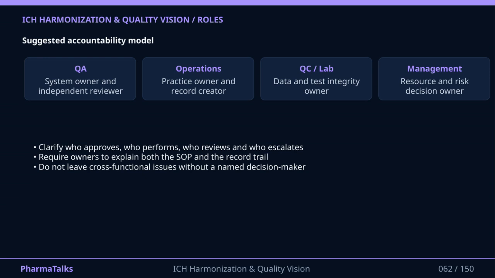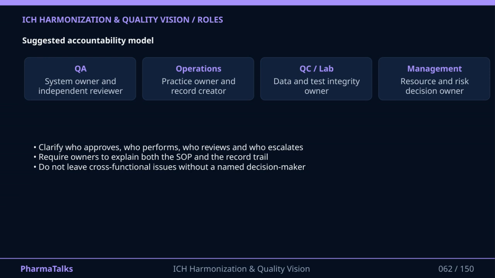Operations teams are considered the practice owners and are responsible for creating records, meaning they handle the day-to-day execution and documentation. Then you have quality control and lab functions as the data and test integrity owners. They ensure the accuracy and reliability of test results and data integrity. Management plays a critical role as well, acting as a resource and risk decision owner. They're responsible for making key decisions related to resources and managing risks.